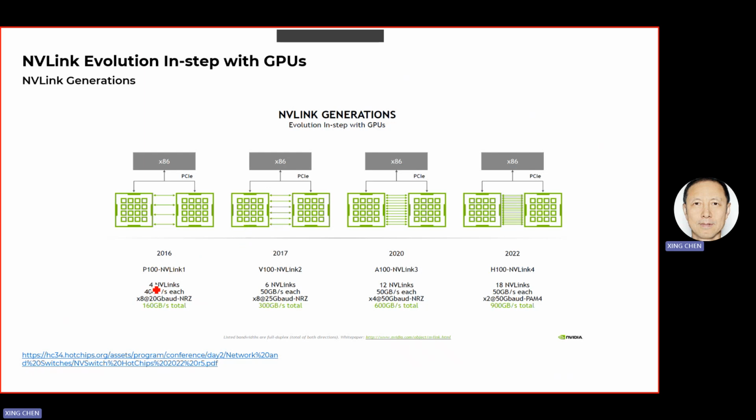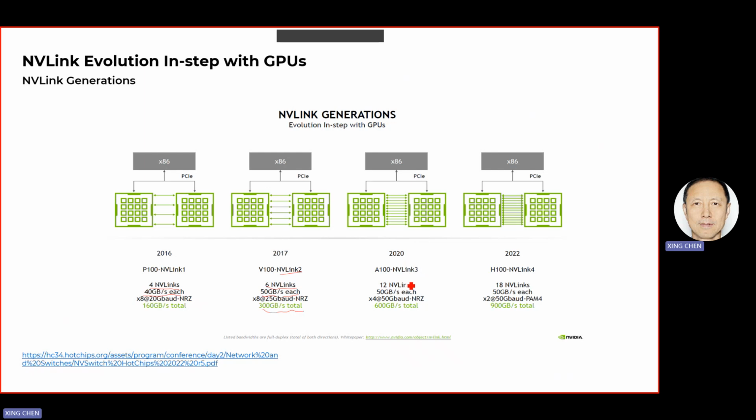At the beginning, we have 4 links between a pair of GPUs, and each link is 40 gigabytes per second. And later on, with NVLink 2, we have 6 NVLinks between 2 GPUs at 50 gigabytes per second, and you can reach 300 gigabytes per second total between the 2 GPUs.